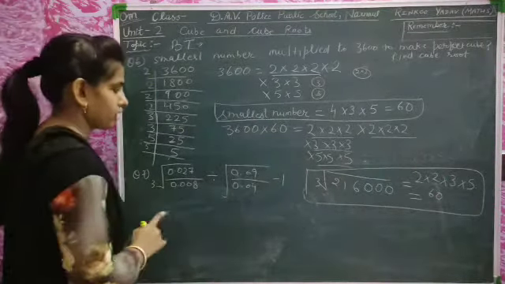Cube root of this, into cube root of 1000 divided by 8, and it's divided by square root of 9 divided by 10 into 10 divided by 4, it's a square root, and minus 1.